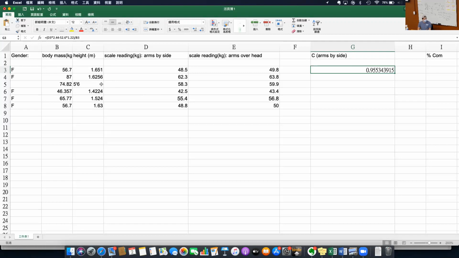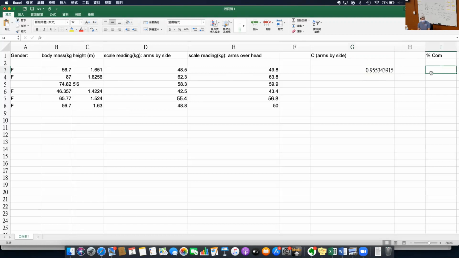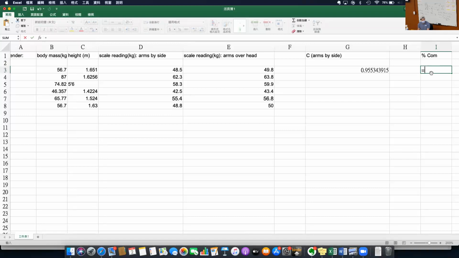But, you know, different people have different heights, right? So we want to know the percentage, like how much percent of your total height is your body center of mass. So we're going to use this number divided by your body height to get a percentage. So here, the same, type in equal sign and G3 divided by body height, which is C3.